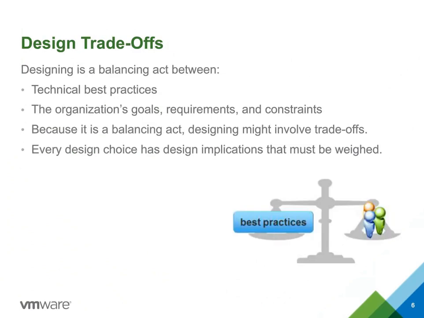When designing a virtual infrastructure, there are numerous trade-offs involved. Oftentimes, these trade-offs need to be examined, and at times it is a balancing act between the technical best practices and the goals, requirements, and constraints of a particular customer organization.